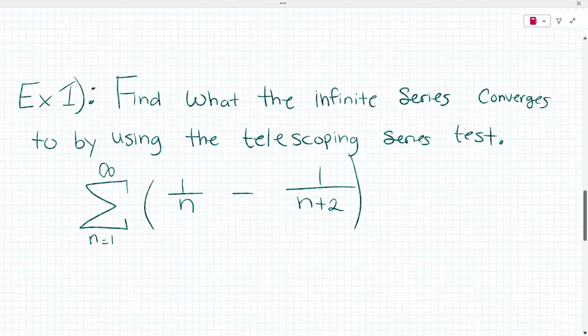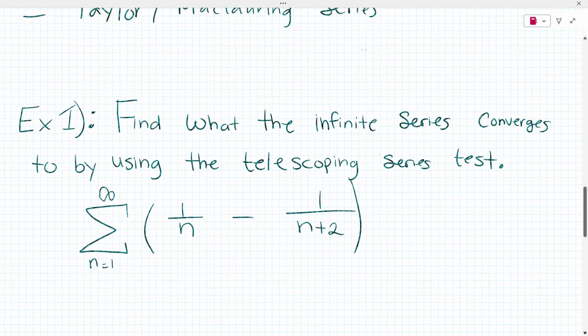And also, is this a partial fraction? So we have the summation from n equals 1 to infinity of 1 over n minus 1 over n plus 2. Is this a partial fraction? Not yet. We're going to have to create some kind of partial fraction. So what I would do first is create some partial sums.